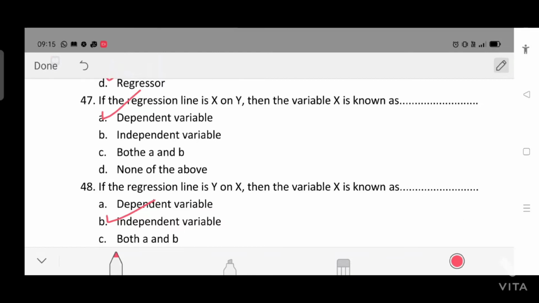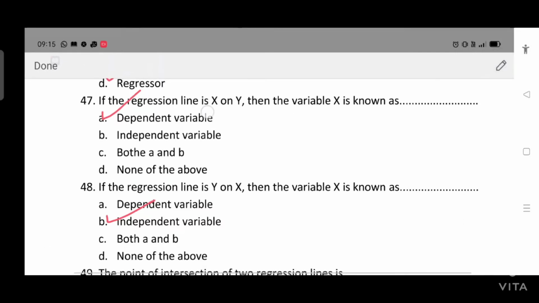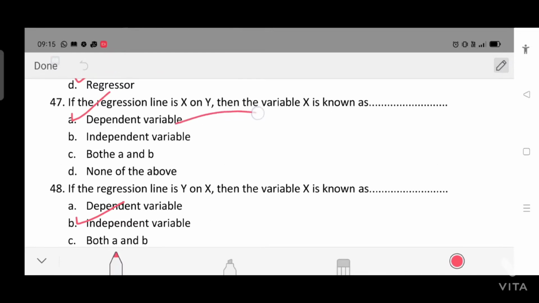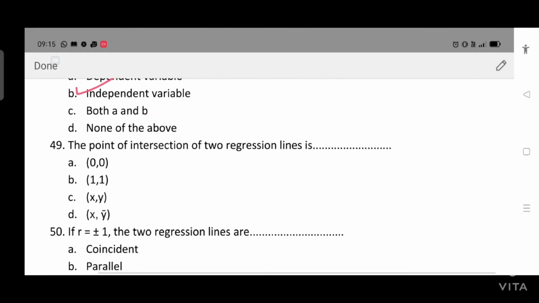Question 47 is x on y, and question 48 is y on x. These are different. Okay, be careful and mind it.